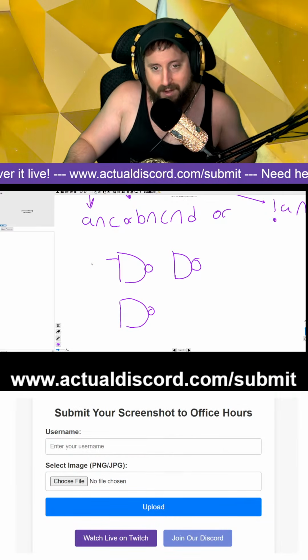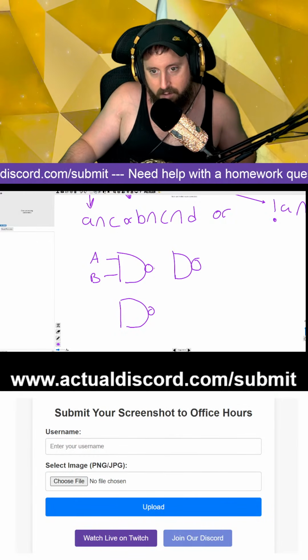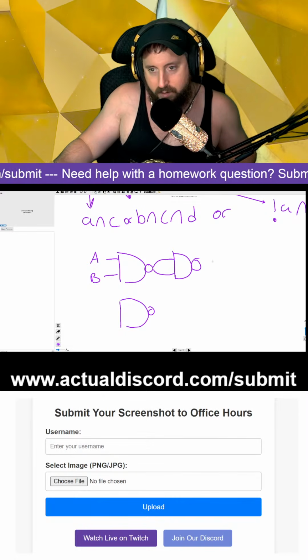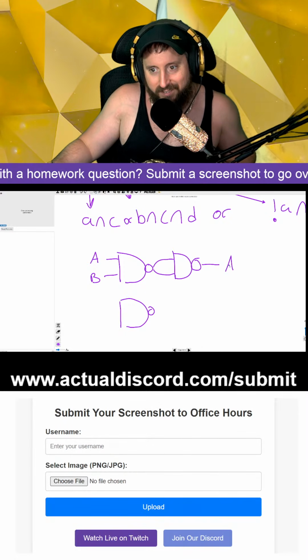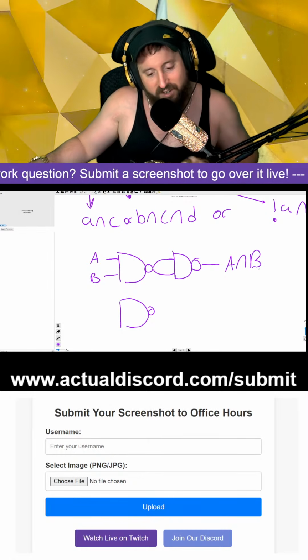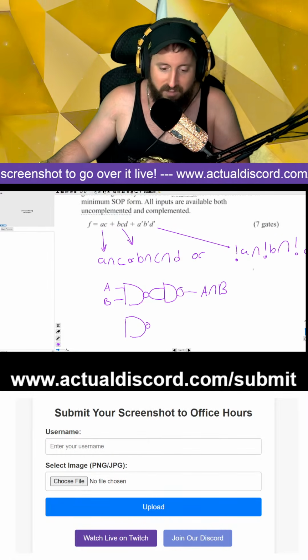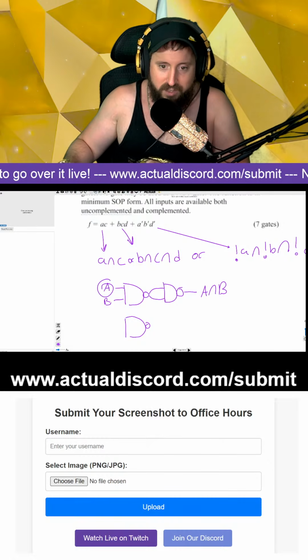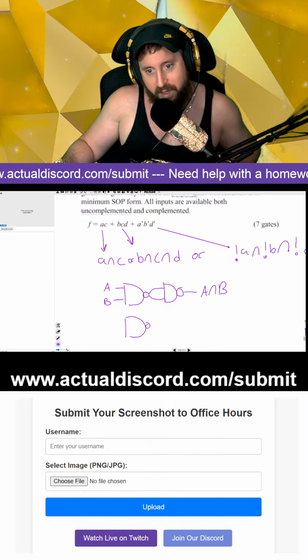So for instance, if you had an input A and an input B here, and you feed these both into here, now you get A and B, right? Does that make sense? Because if these 2 are true, then this will come up as false.